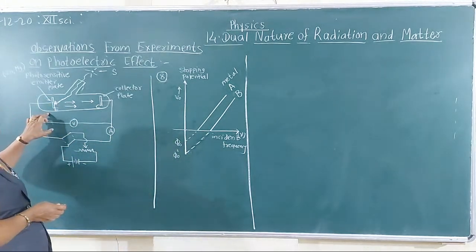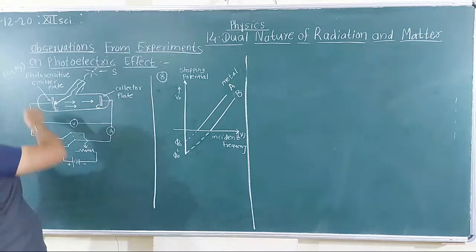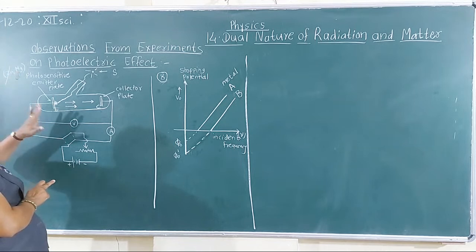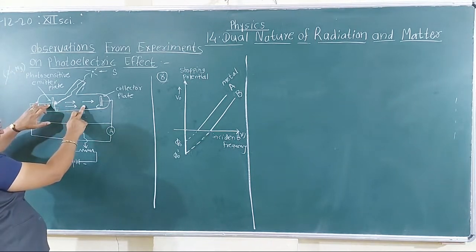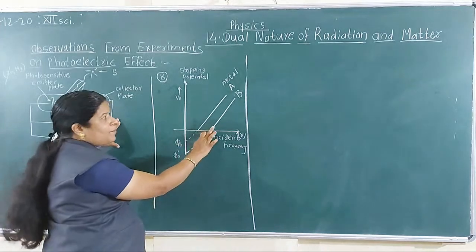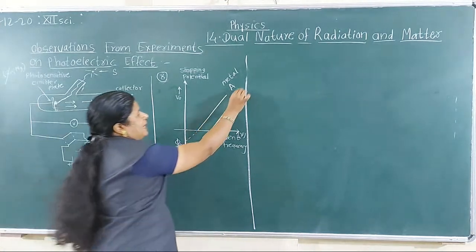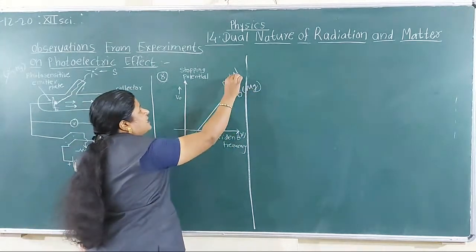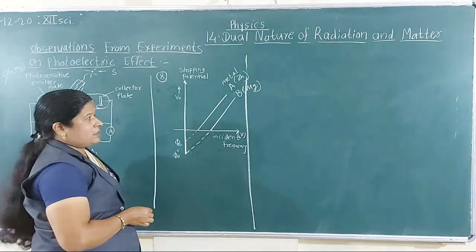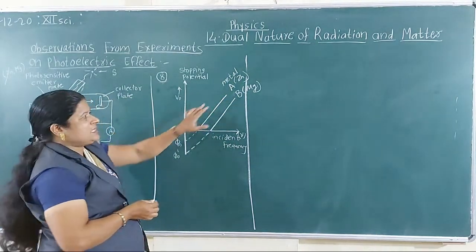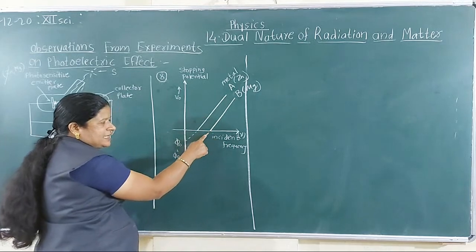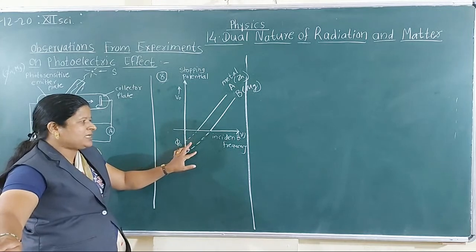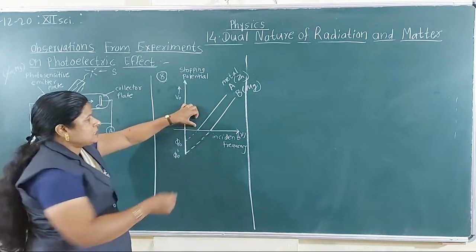For the next observation, we replace this emitter plate by magnesium. Then the ejection of electrons is different for metal plate B, here magnesium. For different metals the frequency of ejection of electrons is different.